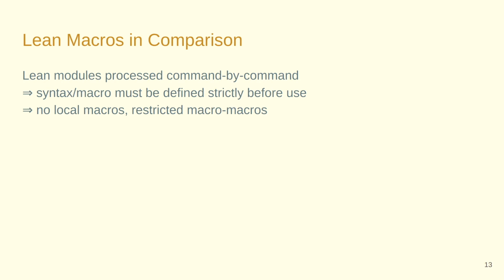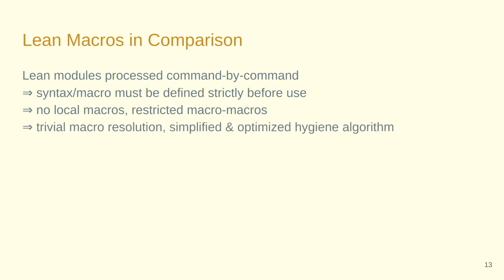And similarly, macro-generating macros are restricted in this sense. But yeah, there are some upsides from these restrictions as well, of course. So the implementation gets a bit easier in Lean, especially if you've ever looked at the implementation of a macro hygiene algorithm. You might know that some of these parts are where it gets complicated. So we took the Racket algorithm and simplified it and optimized it for our needs.